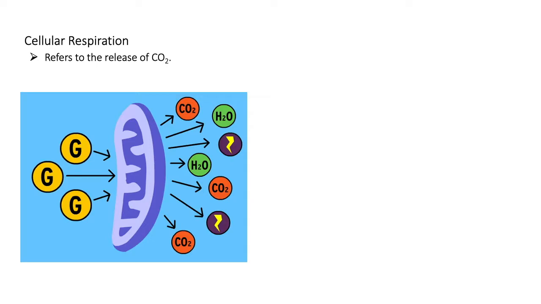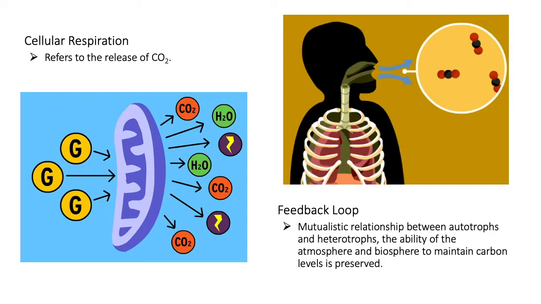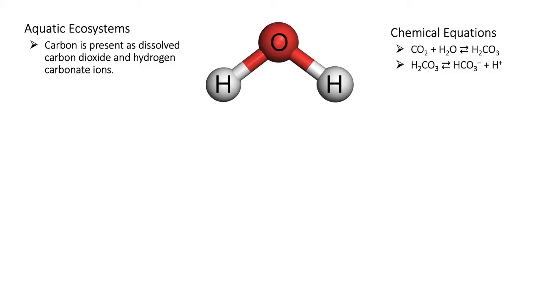In simple terms, carbon dioxide is released by the cells and diffused into veins. These blood vessels carry the CO2 back to the lungs where ventilation occurs. Now, ventilation refers to the exhalation of carbon dioxide and the inhalation of oxygen. Thus, through the mutualistic relationship between autotrophs and heterotrophs within the biosphere, the ability of the atmosphere and therefore biosphere to maintain the carbon levels is preserved.